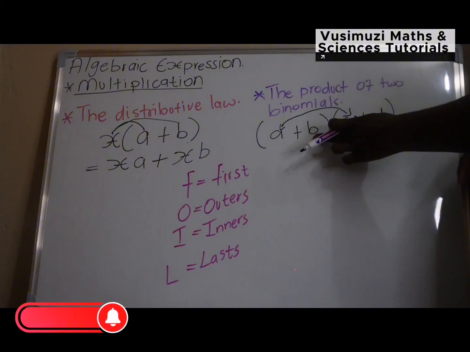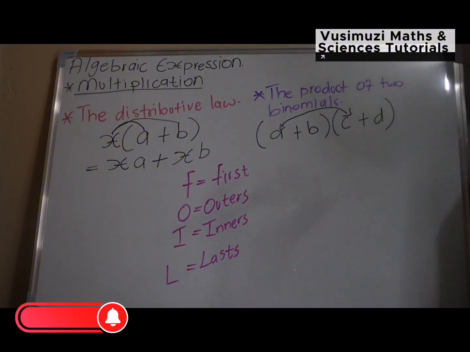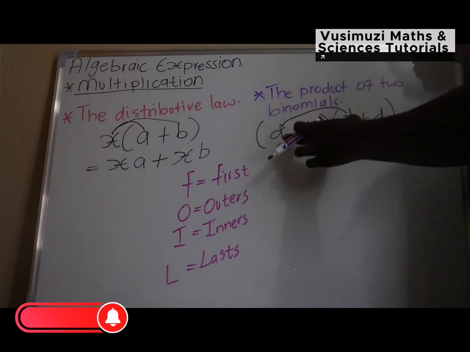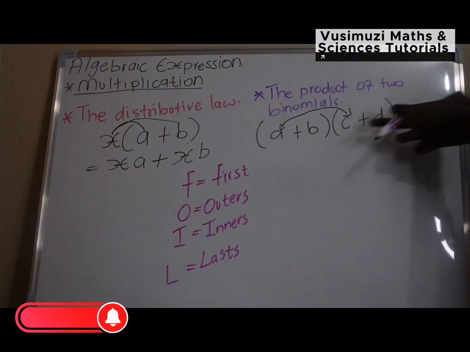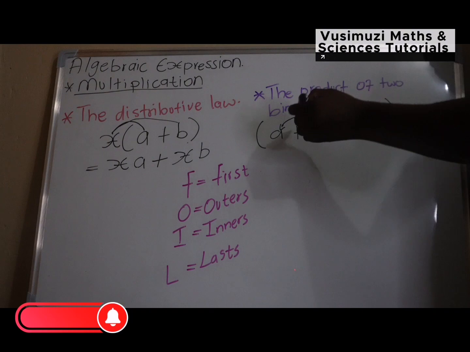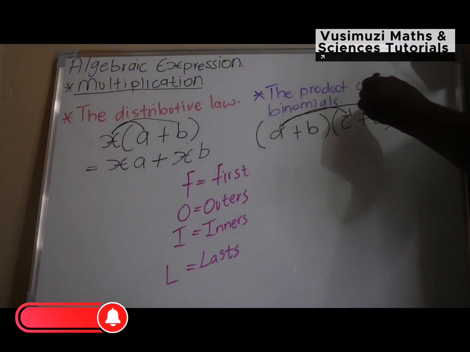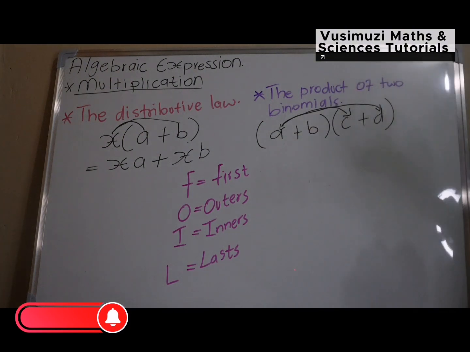A protects B and D protects C. A and D are outsiders, or outers. Whenever you enter this bracket you meet A, and whenever you enter the other bracket you meet D. Therefore, A and D are going to multiply out themselves. It's going to be A and C, A and D.